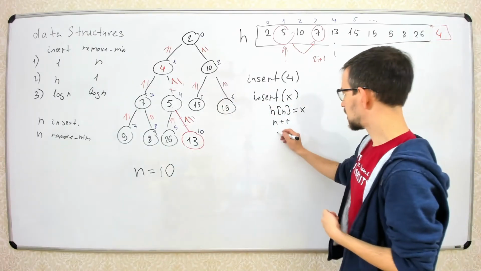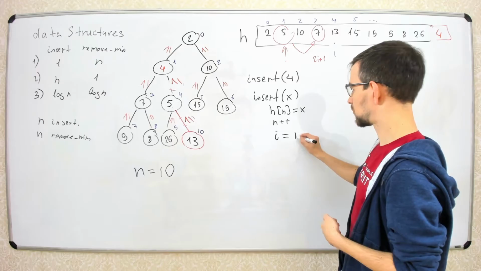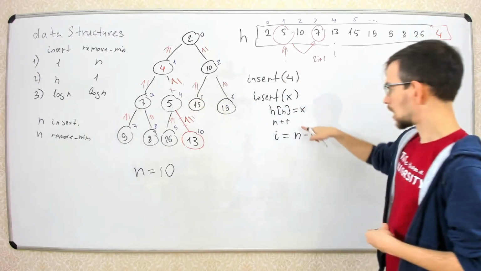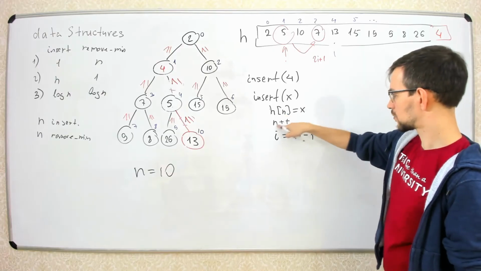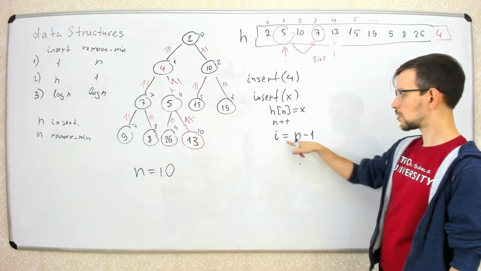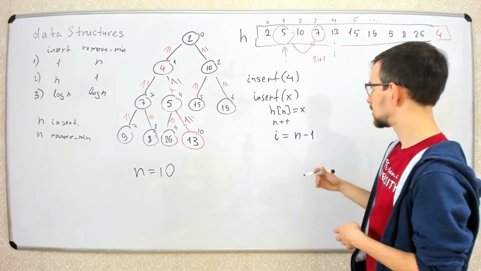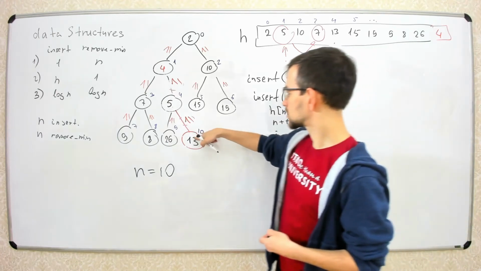Let's say again, i is the index of the element x. So first we put it at position n, increase n, i equals n minus 1. So now i is the position of the element x, the newly added element in the binary heap. And now we just move it up.